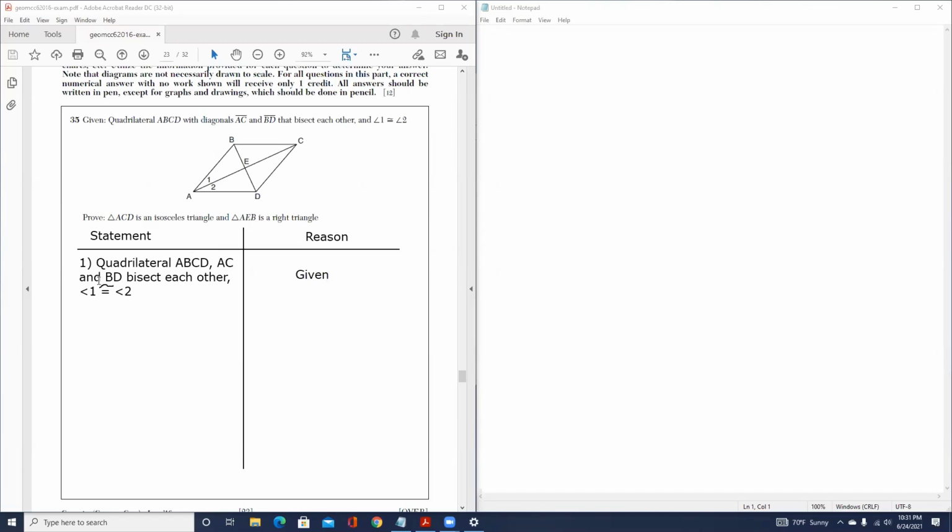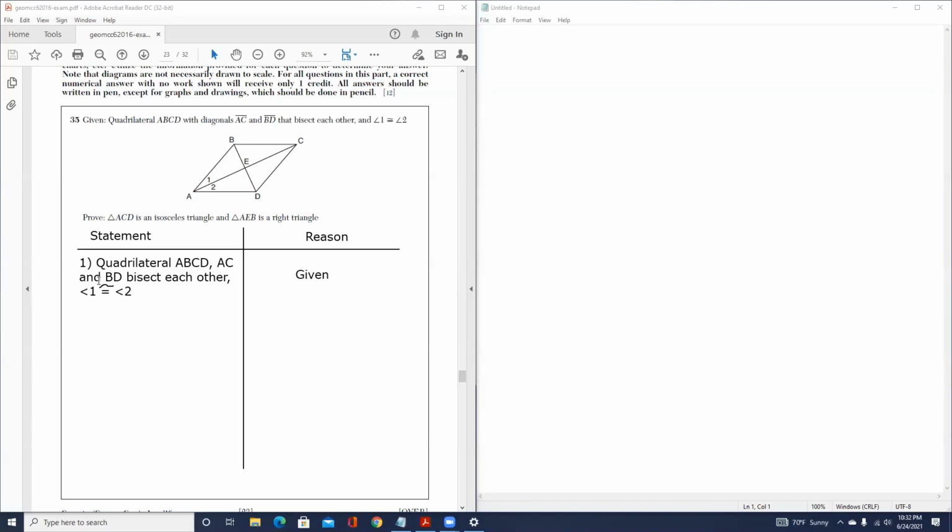So the second thing we want to think about is how we can prove ACD is an isosceles triangle. And we can do that by either proving that the angles of its base are congruent and equal to each other, or that the measure of the non-base sides are congruent and therefore equal to each other.